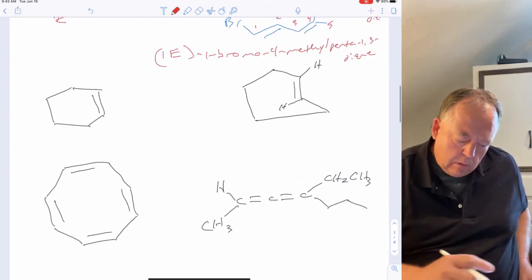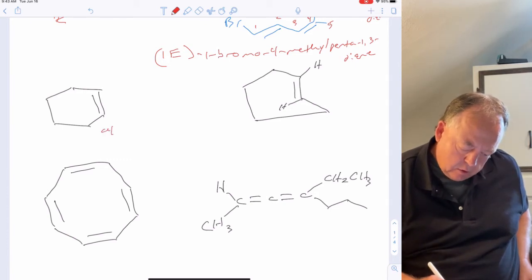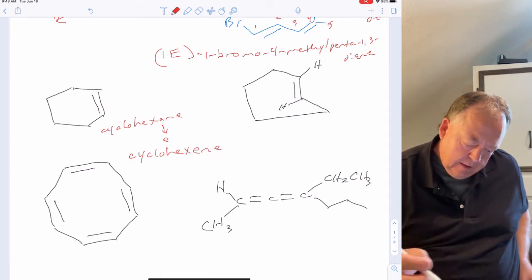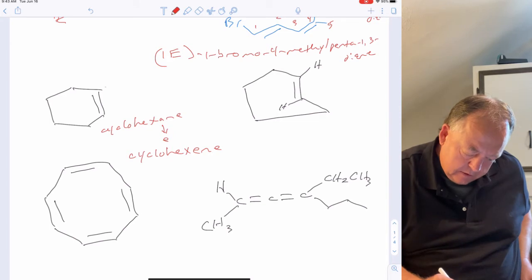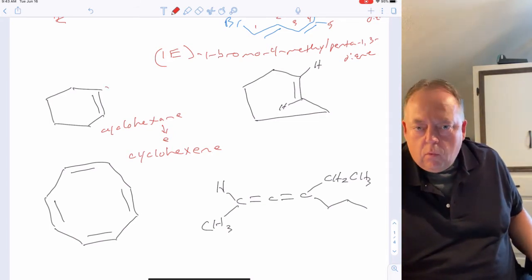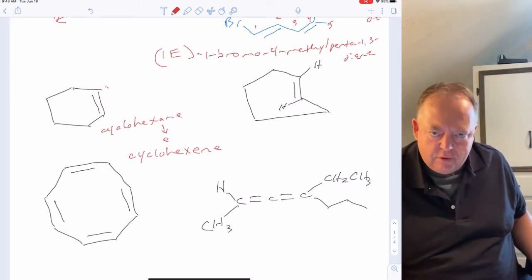Okay, so if you have a double bond in a ring compound, the parent would be cyclohexane, change the A to E, so this would be a cyclohexene. And technically, by default, the double bond has to be at carbon number 1, so it would be common to not put the 1 there.